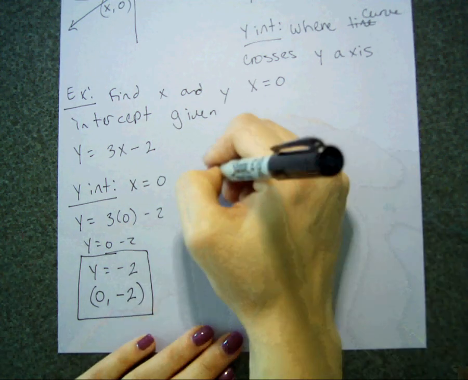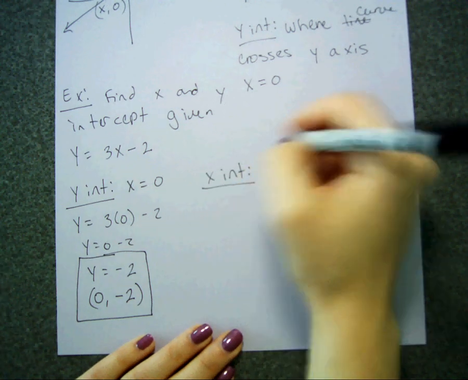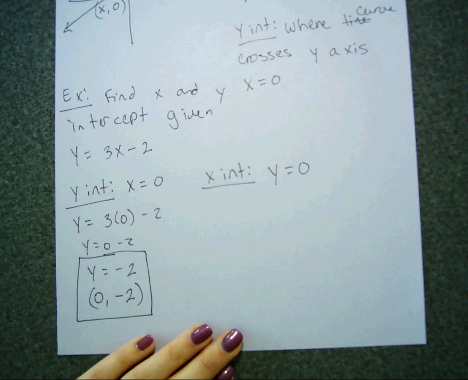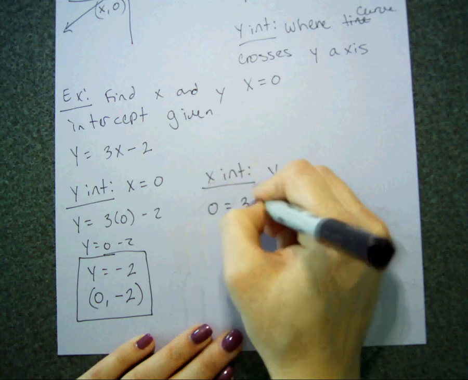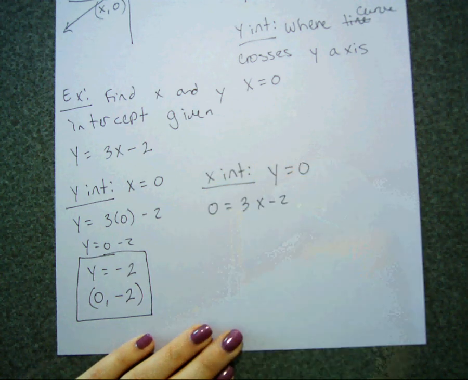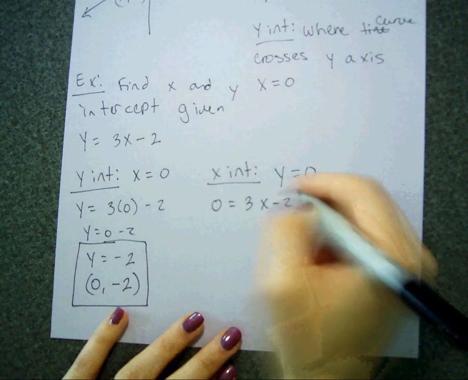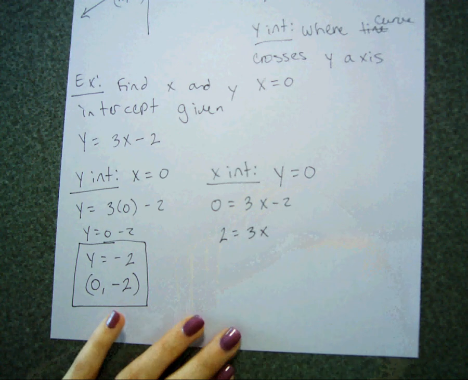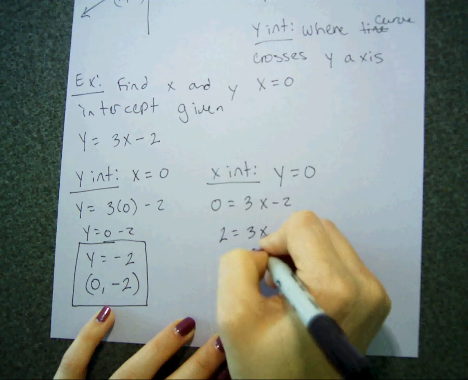And so the x-intercept works about the same, except at the x-intercept, I know that y is equal to 0. So I'm going to plug in y equals 0 and solve. I'll have 0 equals 3x minus 2. Now this is an equation, I got to solve for x. So I add 2 to both sides, so I get 2 equals 3x, and divide by 3. So I get x equals 2/3.